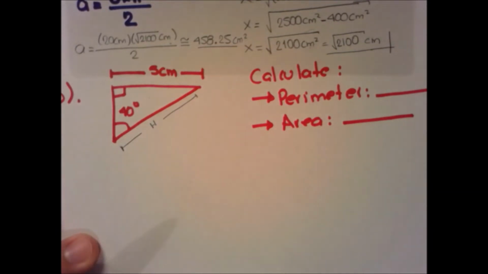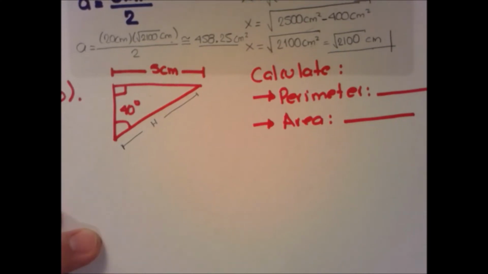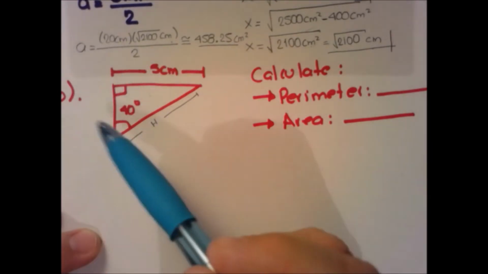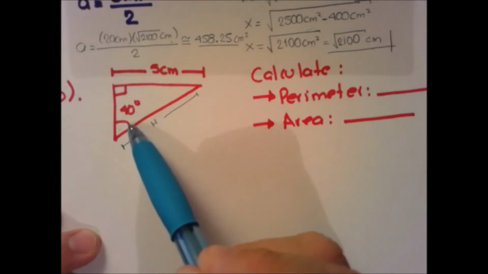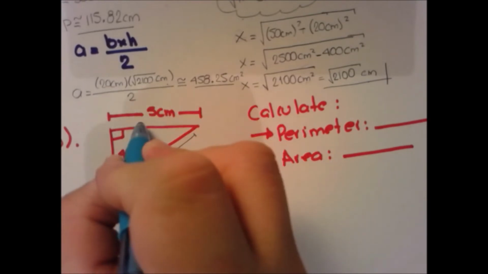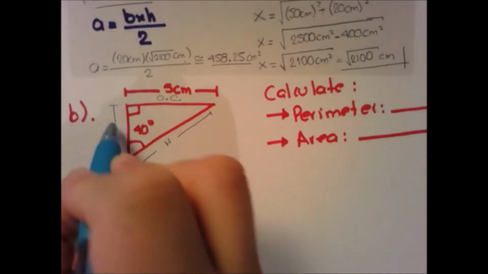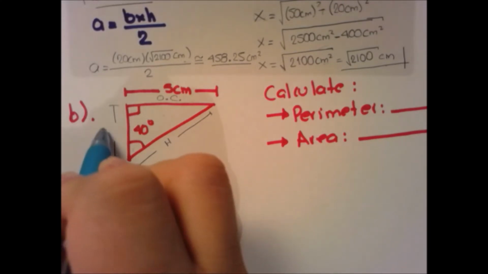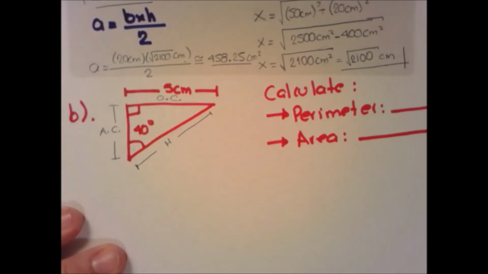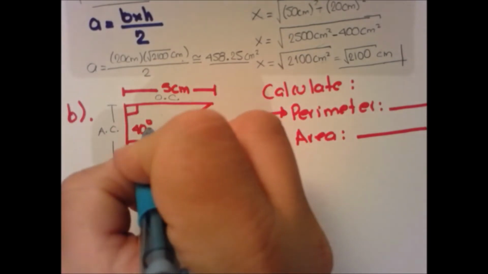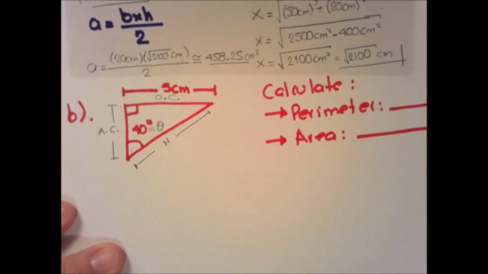It's going to be an adjacent or opposite cathetus. So my question is, what kind of cathetus is that? Is opposite or is adjacent? Well, if this is in front of this angle, it means that this is going to be the opposite cathetus. So it means that this one will be the adjacent cathetus. Okay, and obviously this 40 degrees will be theta.